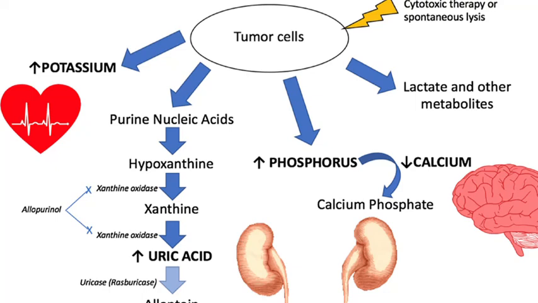So when the calcium phosphorus product exceeds 55 milligrams squared per deciliter squared, calcium phosphate precipitates out of solution.